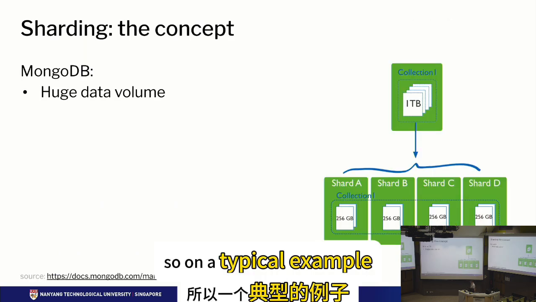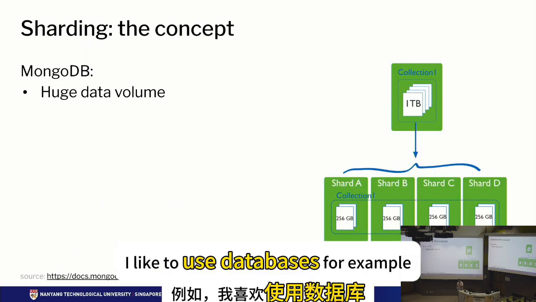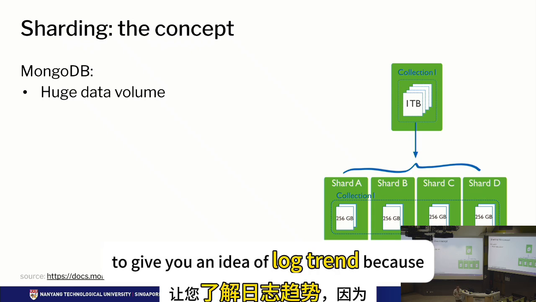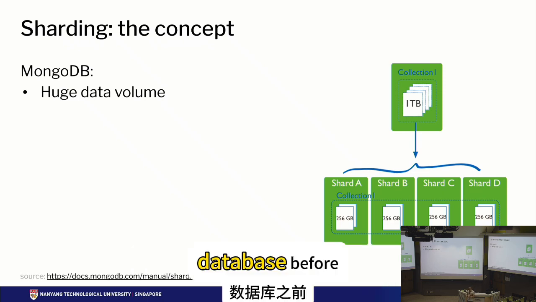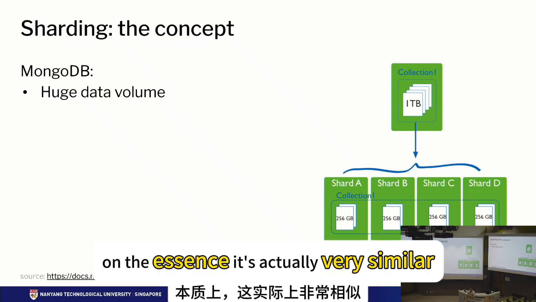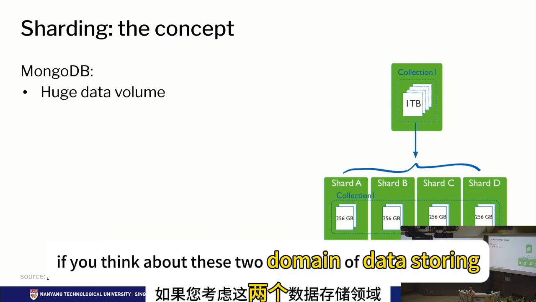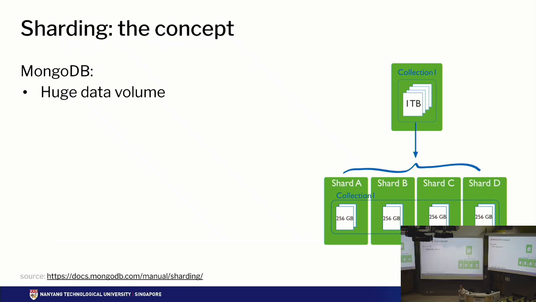On a typical example, I like to use databases to give you an idea of blockchain, because I did database work before, and in essence it's actually very similar if you think about these two domains of data storing.